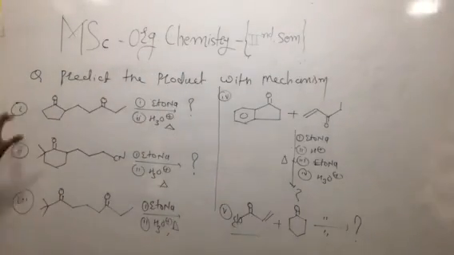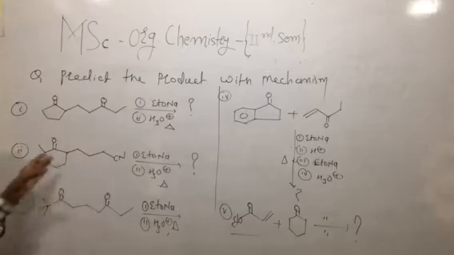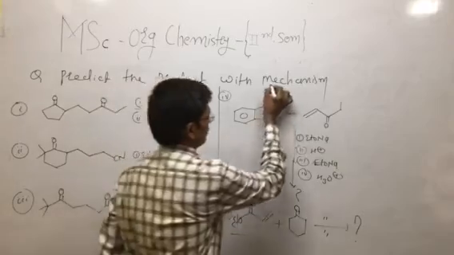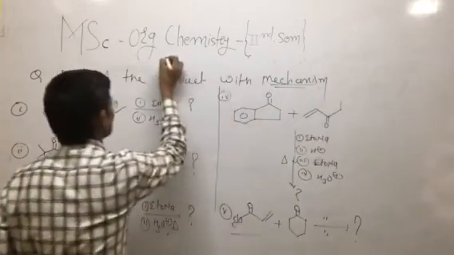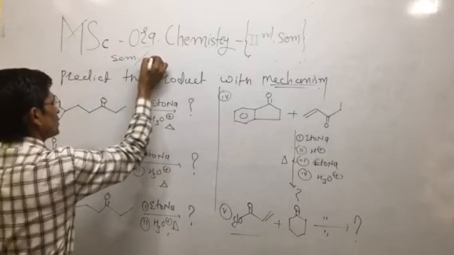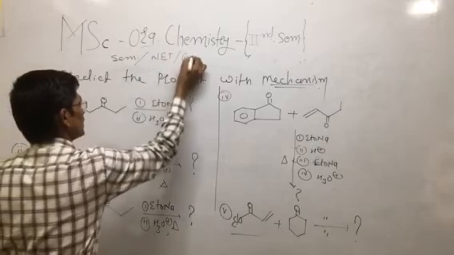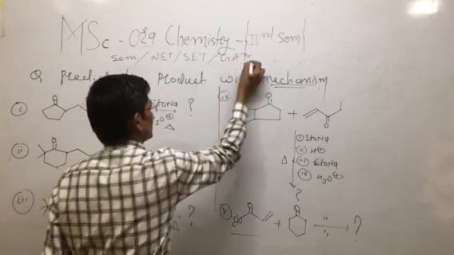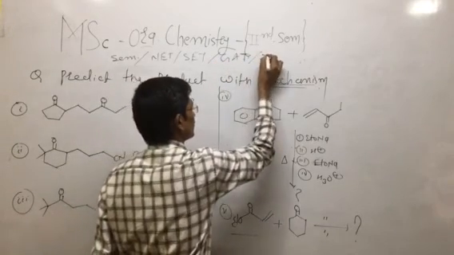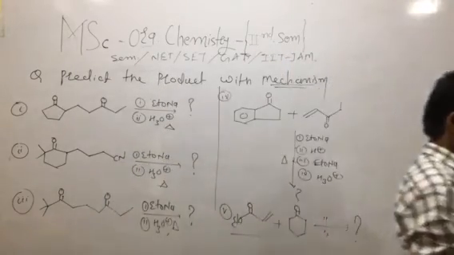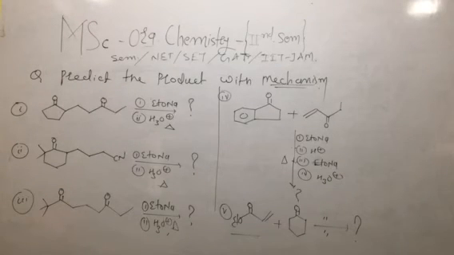Here the reactant and reaction condition are given, and you have to find the product by using the path of mechanism. So this is most important for your MSc semester, NET, SET and GATE exams. It is also helpful for IIT JAM. So these types of questions are asked in your competitive exam. Predict the product with mechanism on the basis of the reactions.